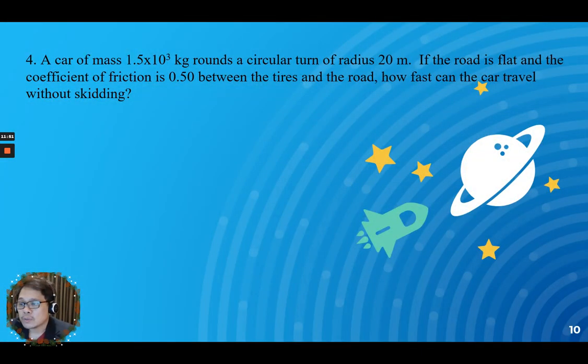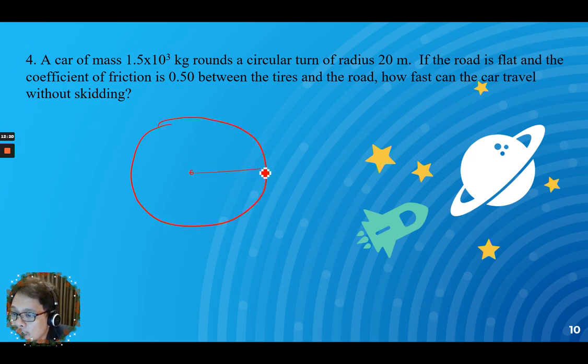A car of mass 1.5 times 10 raised to the third kilogram rounds a circular turn of radius 20 meters. If the road is flat and the coefficient of friction is 0.5 between the tires and the road, how fast can the car travel without skidding? So we need to illustrate this.